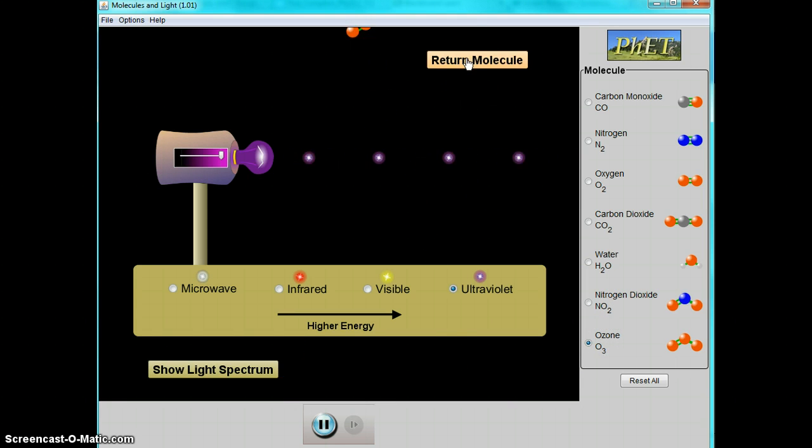So when O3 absorbs this light, it breaks the weakest bond.